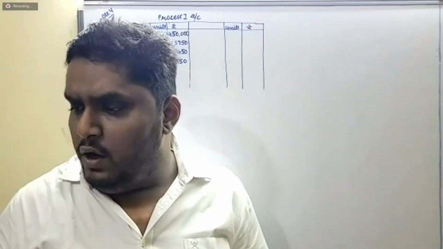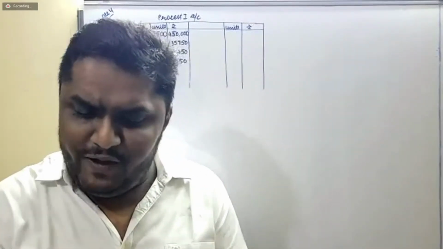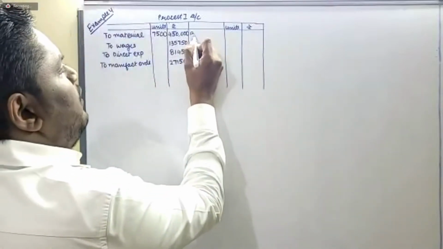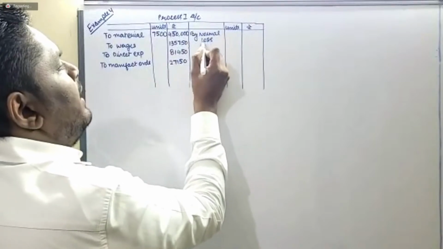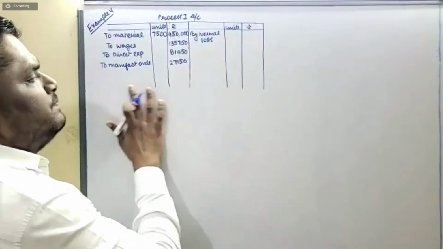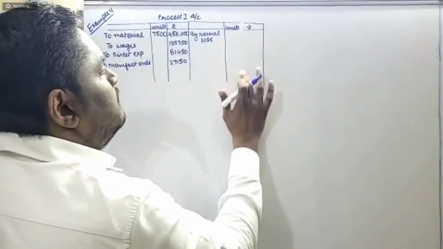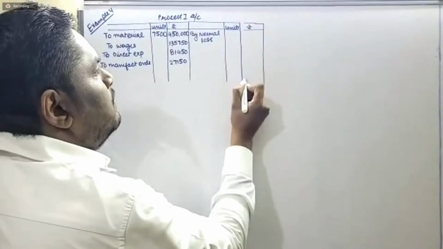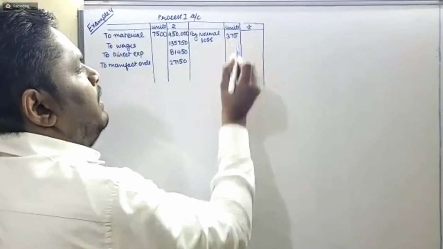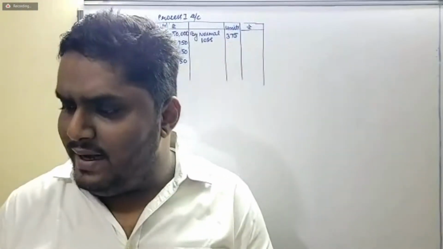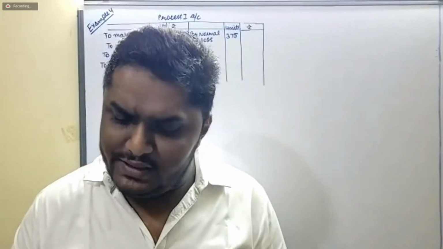Now, here the normal loss is 5% of the input. So 7,500 into 5% is the normal loss, which is 375 units. These units can be sold in the market at the rate of 12 rupees 50 paise, so this is 4,687.